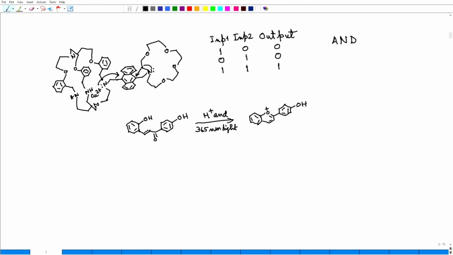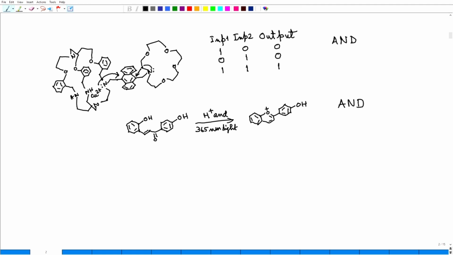Again, if I remove this 365 nanometer light, it will open up to this, and this one is low fluorescence, this is very high fluorescence. So, this is also AND logic, both are AND logic.